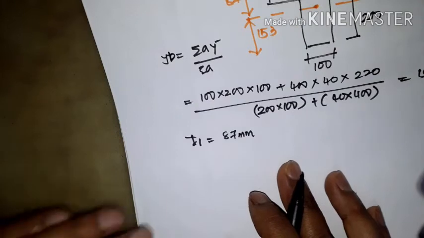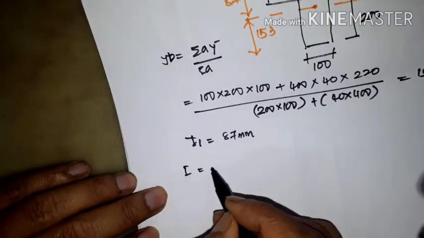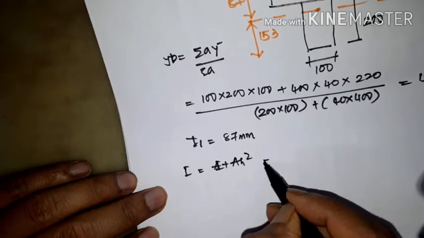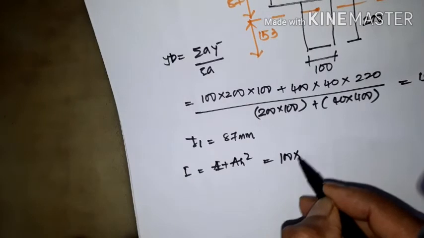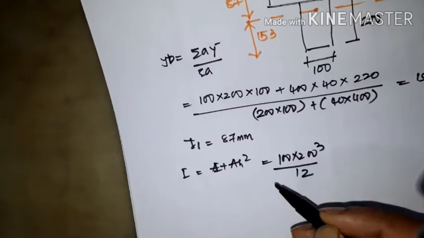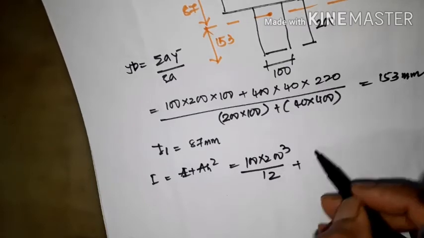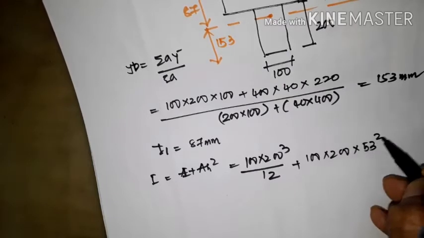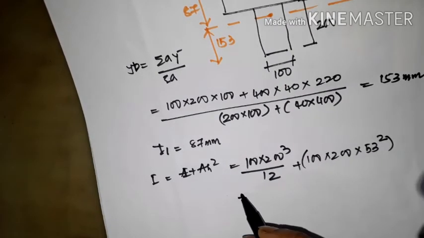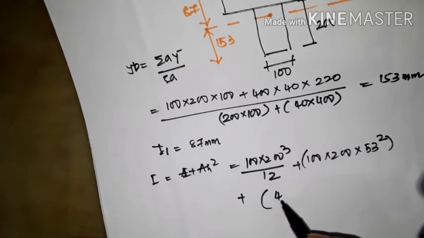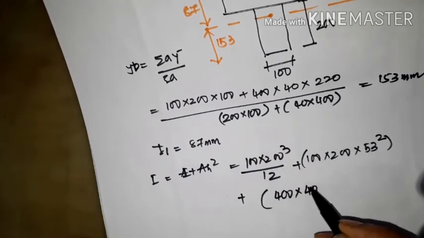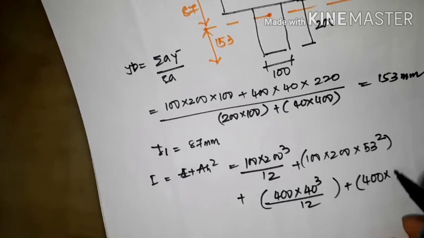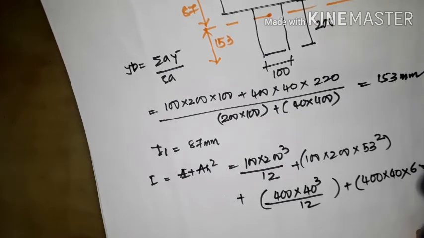That is I plus A square: for the web, 100 into 200 cube divided by 12 plus 100 into 200 into 53 square, I will explain that, plus for the flange 400 into 40 cube by 12 plus 400 into 40 into 67 square.